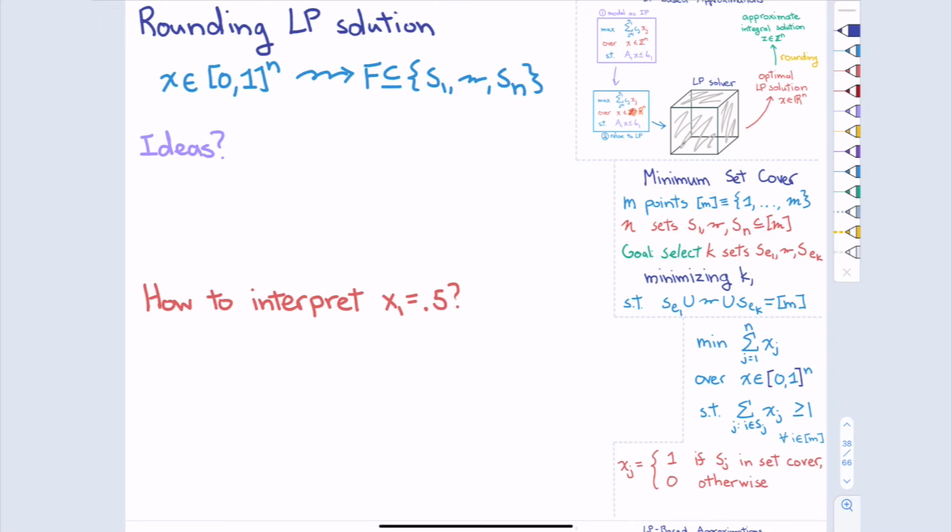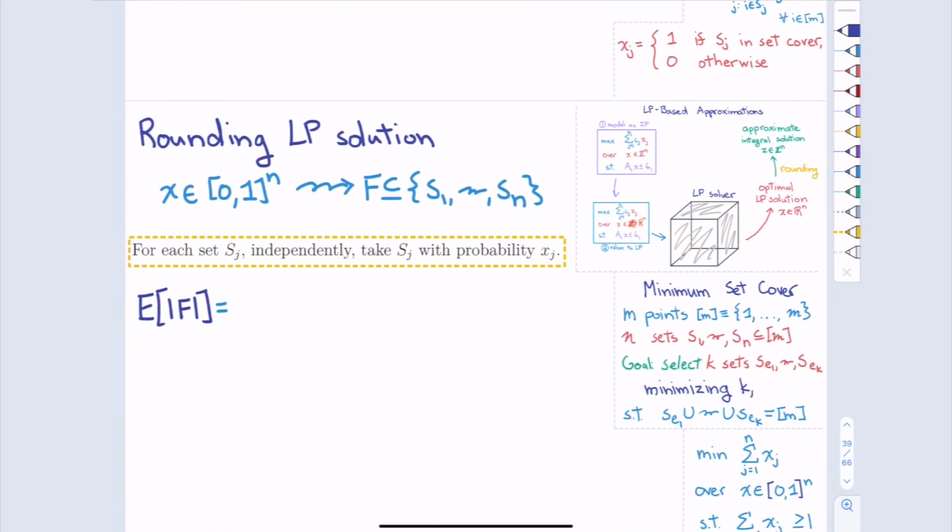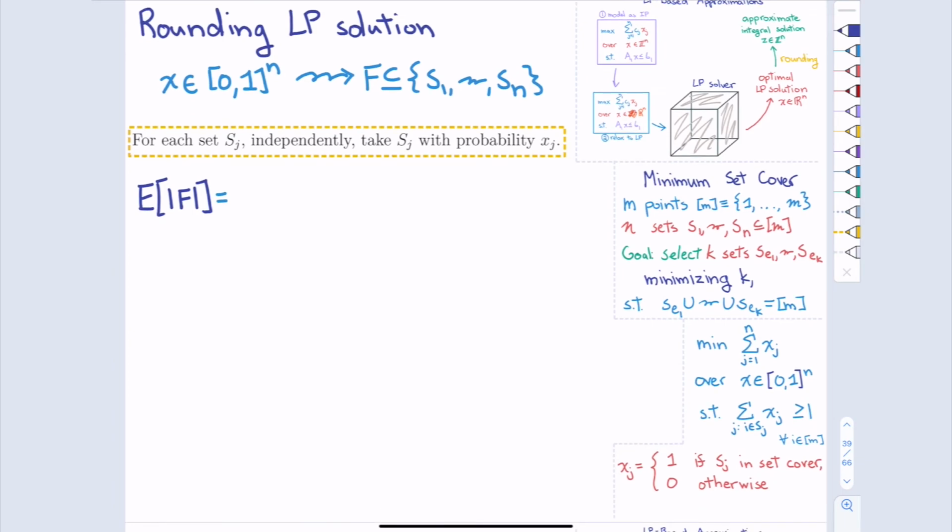Okay, so how might, yeah? Okay, so what we did last time, the corresponding thing was for a set Sj, I'll take it with probability Xj.